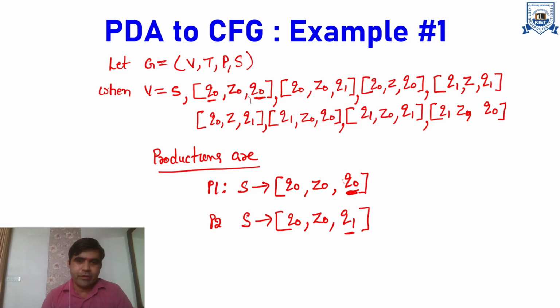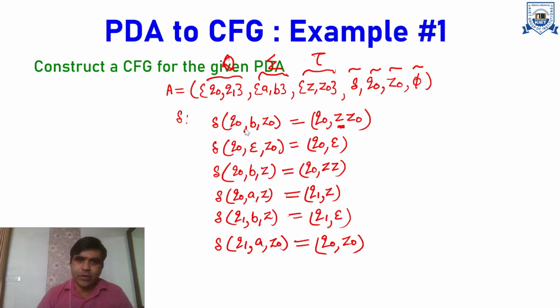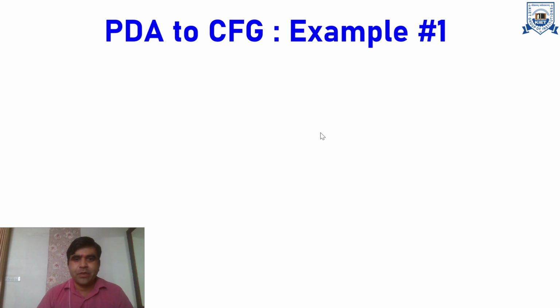Accordingly, now we will take other rules. For example, let me take the first transition of the pushdown automata and write down the rules accordingly. So let's see. We'll take them one by one.